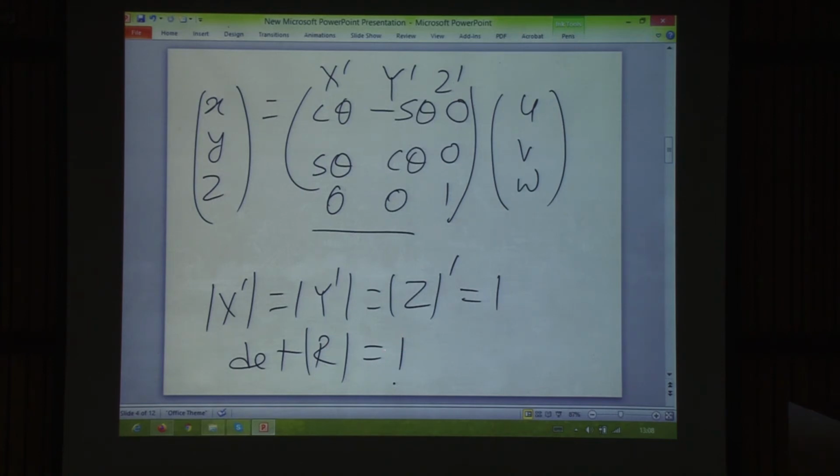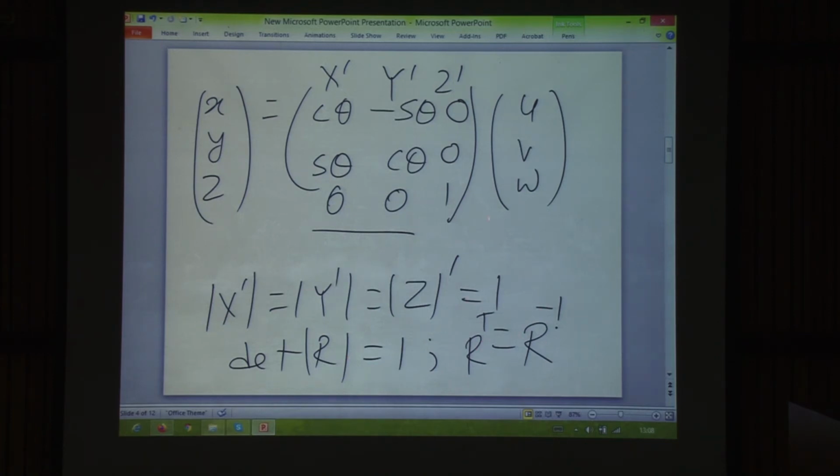Now, if the determinant is equal to 1 and the mods are equal to 1, then this matrix is a proper orthonormal matrix. And for a proper orthonormal matrix, the inverse is equal to the transpose. Why? Because the determinant is equal to 1. That means the inverse will be adjoint of A by the determinant of A. Determinant of A is equal to 1, which automatically means that the transpose is the inverse, right.